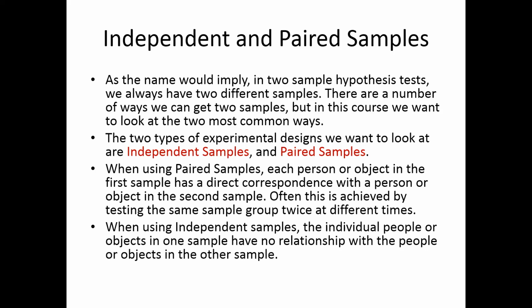If I did that for a bunch of people, that would be paired samples, because then my non-treatment group, my control group, would be everybody in the study before they took the medicine. And then my treatment group would be that same group of people after they took the medicine, after they had the treatment. And because it's the same people, that's paired samples.